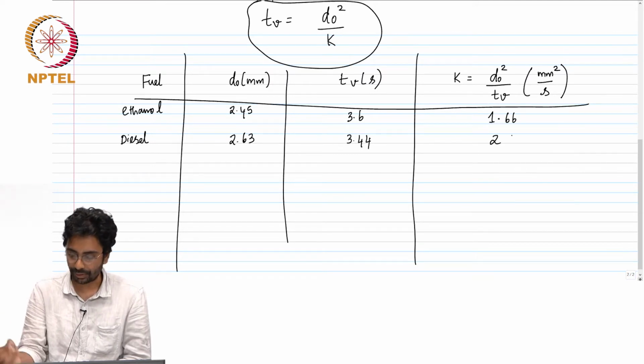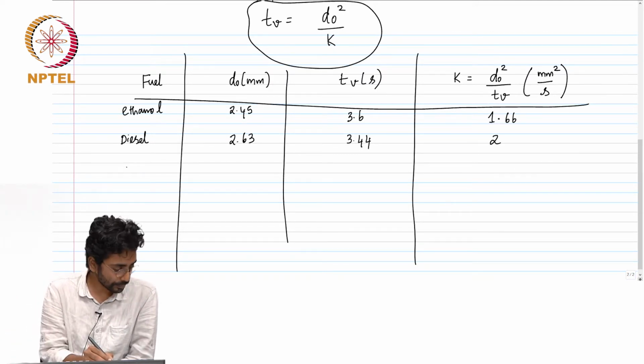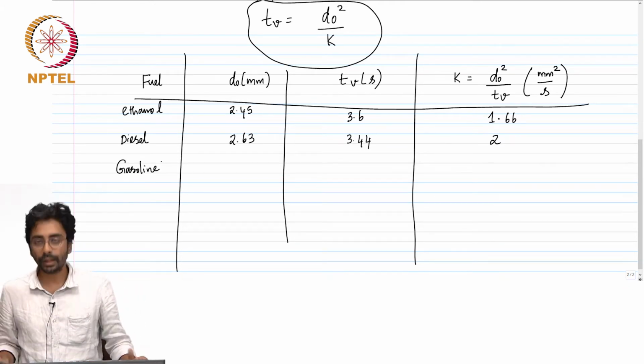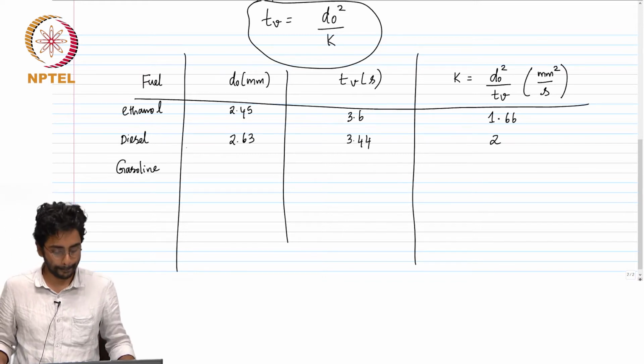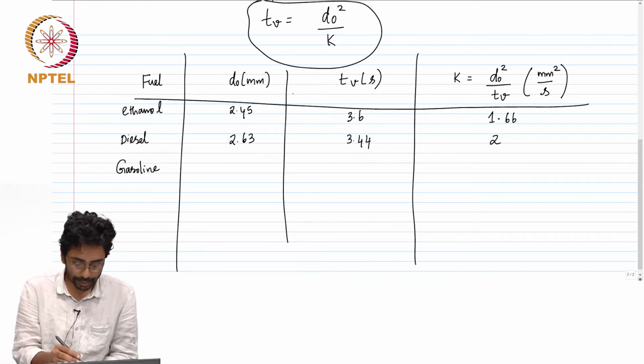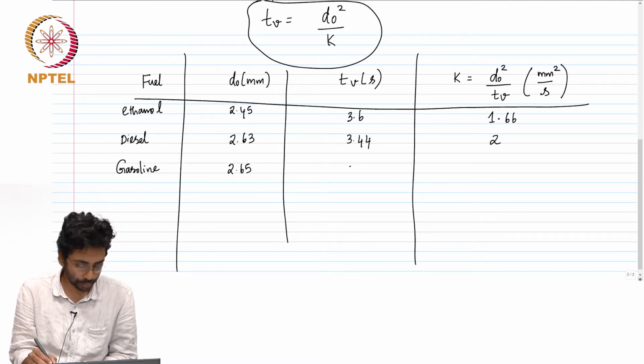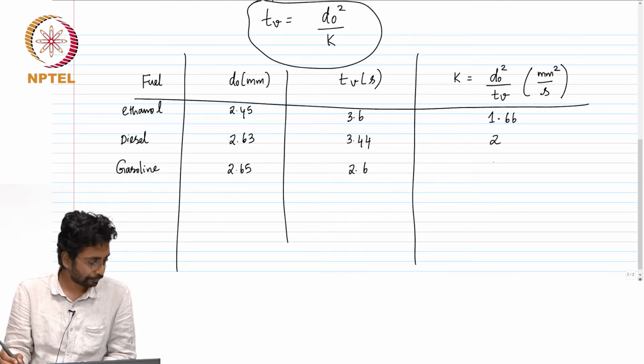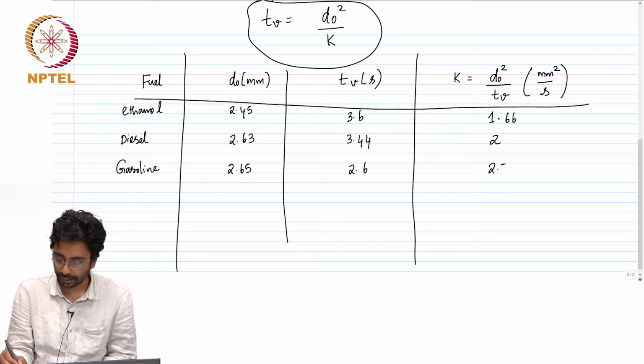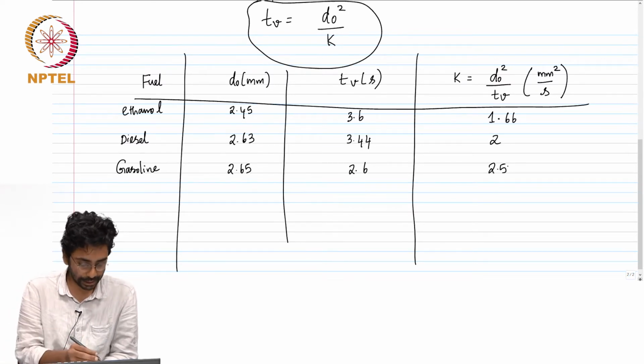So the vaporization constant is 2. Gasoline, the diameter was 2.65, burn time was 2.6 seconds. So this would be 2.5 millimeter square per second.